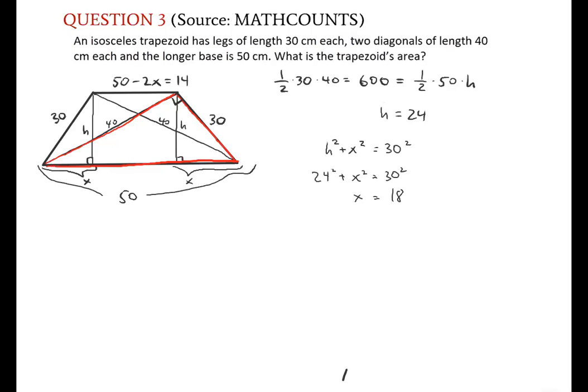And it's basically just the shorter base plus the longer base divided by 2 times the height. And that should be equal to, let me calculate it, 768, I believe. This was a long problem.